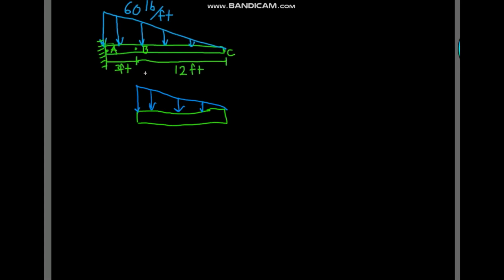So in order to calculate what that's going to be, we'll use the law of similar triangles, and we'll say that our weight over our new distance, which is 12 feet, equals the original distributed load over the original distance, which is 15 feet. And when we solve for that, we'll get that W equals 48 pounds per foot.